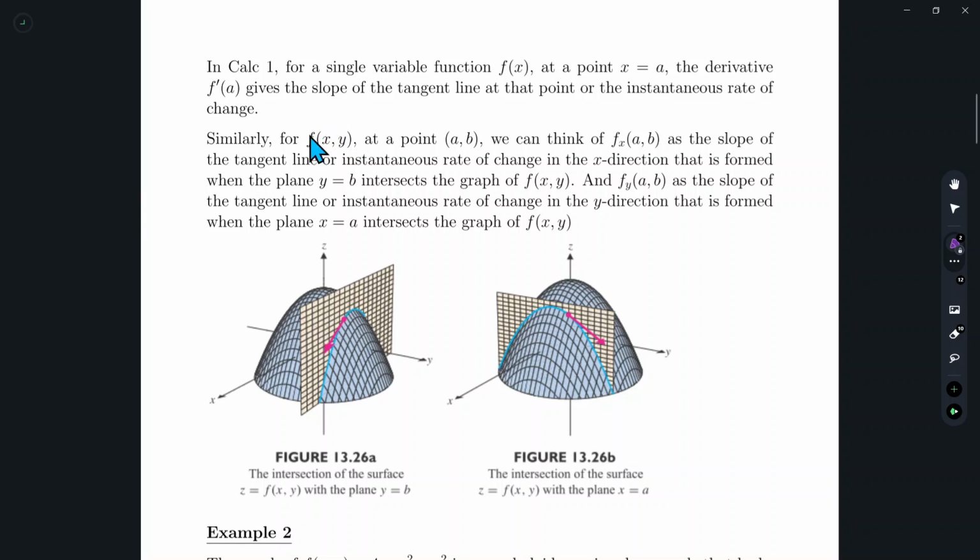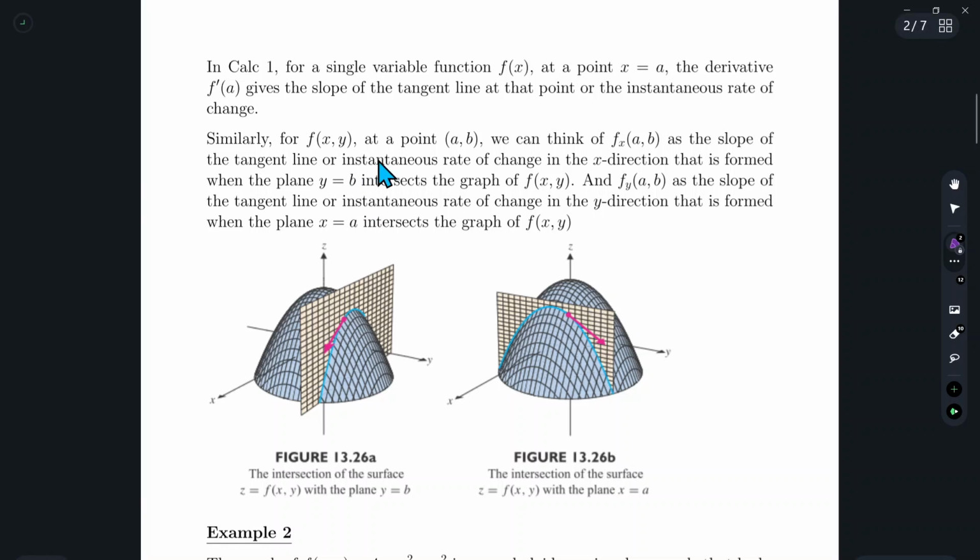Similarly, for a function of two variables, take some specific point in the xy plane and look at the corresponding point on the graph. For some xy value, the function value is calculated at this point in the graph.